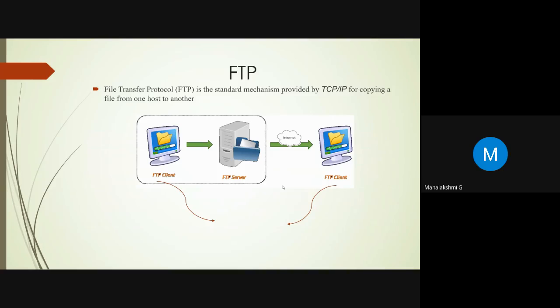For example, the first problem is that two systems may use different file naming conventions, or the two systems may have different ways to represent text and data, or the two systems may have different directory structures. All these problems are solved by FTP in a simple and elegant approach.